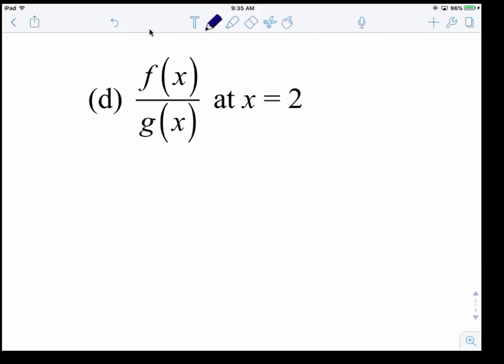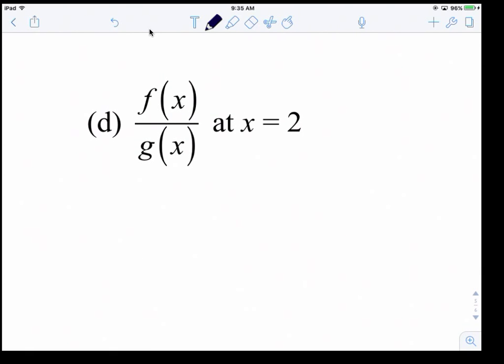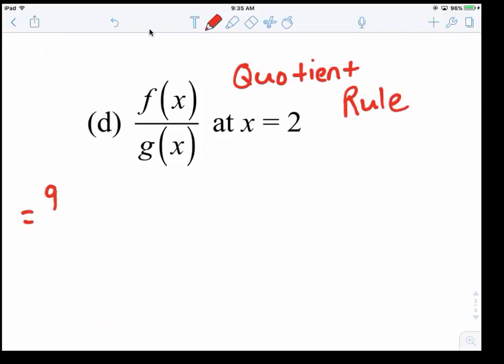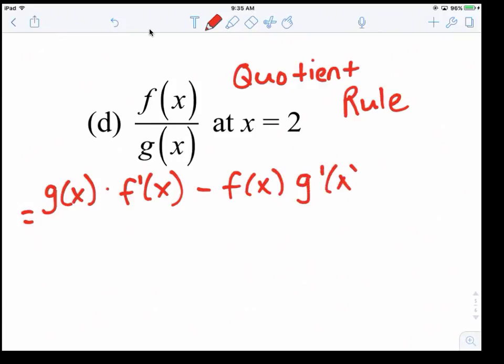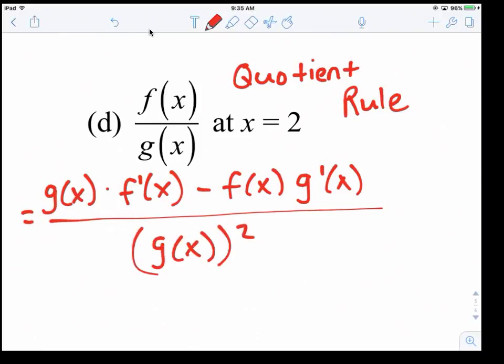All right, f of x over g of x at x equals 2. So this is going to require you to do what? Quotient rule. All right. Yep. So low d high: you have g of x times f prime of x minus high d low, all over low squared.